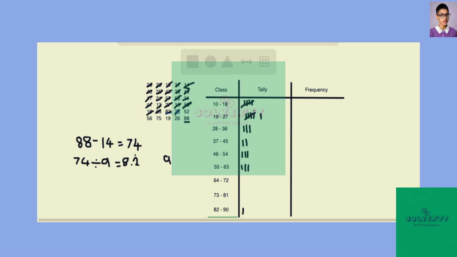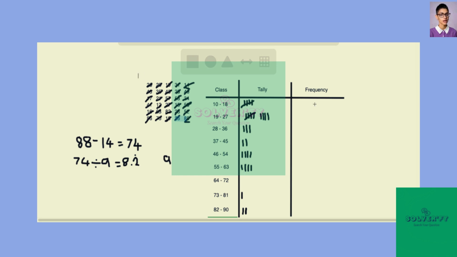And it's important that even if a class doesn't have any of the data points fall in it, you still need to make sure that you include it, which is something that can sometimes trip people up, because it can be quite confusing if you have nothing in there, but it still needs to be there. And then that final 88. So here you can see in the 64 to 72 class, we don't actually have anything.